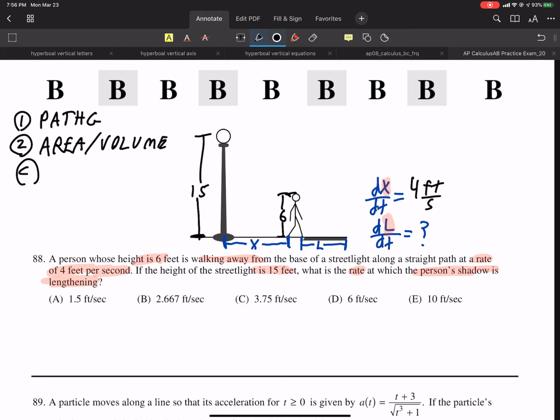3, we also have trig equations. That could be like sine, cosine, tangent, and things like that. Okay? I see that's a 1, 2, 3. You can tell I'm on my game today.